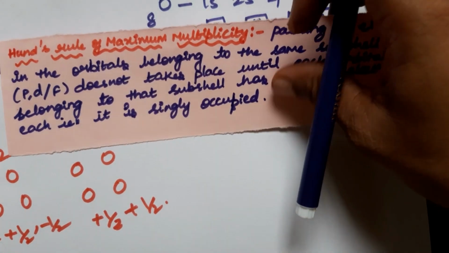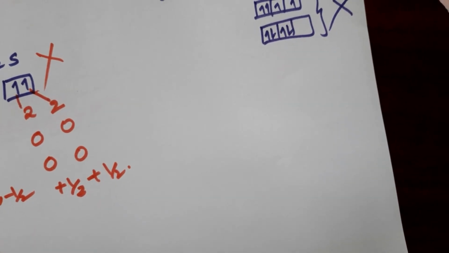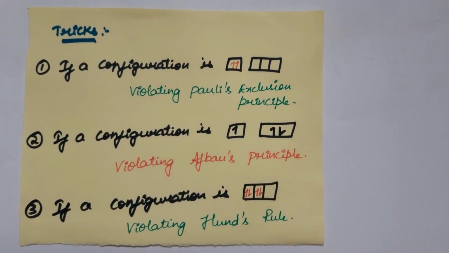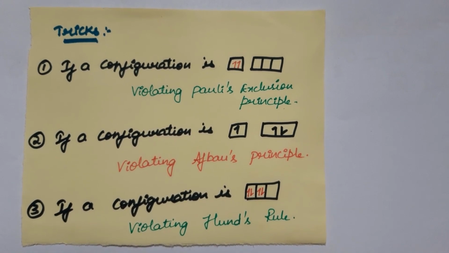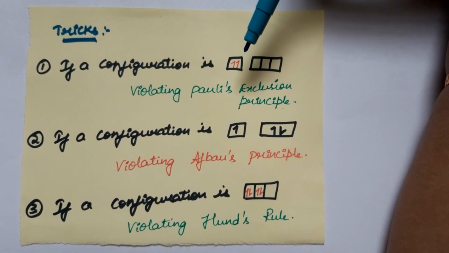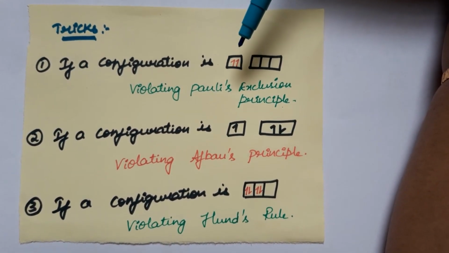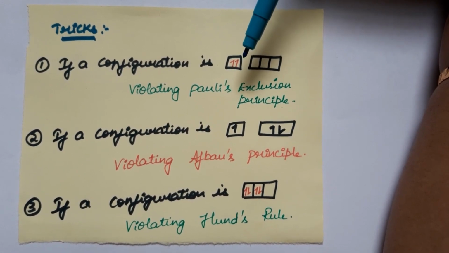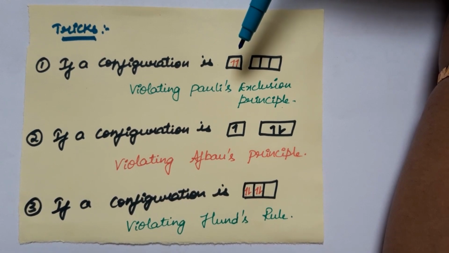Based on these rules, I will give some tricks. Based on these rules, that means Aufbau, Pauli's exclusion principle and Hund's rule. First of all, if a configuration is like this, that means 2 spins are in the same direction. According to Pauli's exclusion principle, no 2 electrons in an atom can have the same set of 4 quantum numbers.